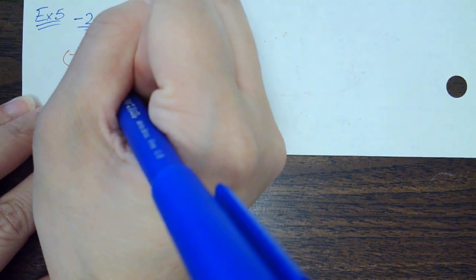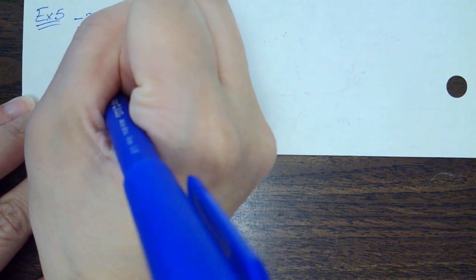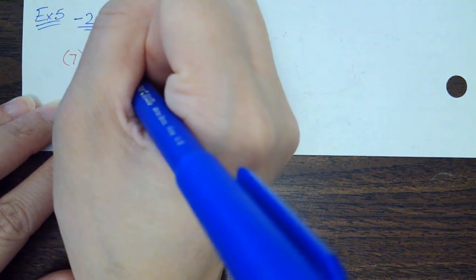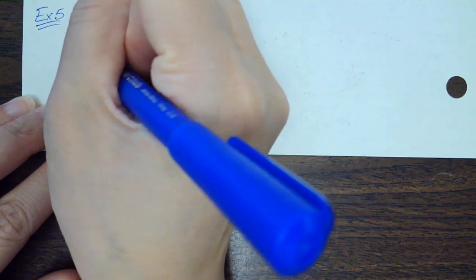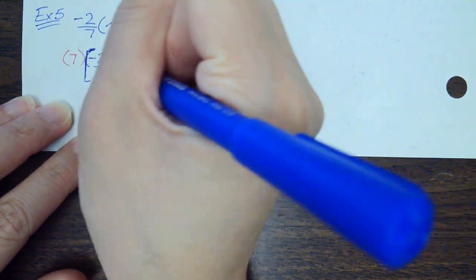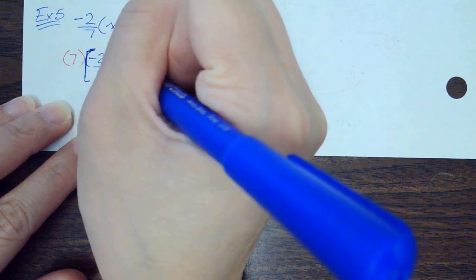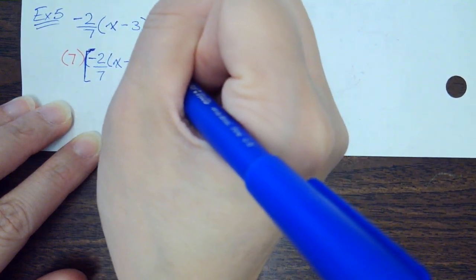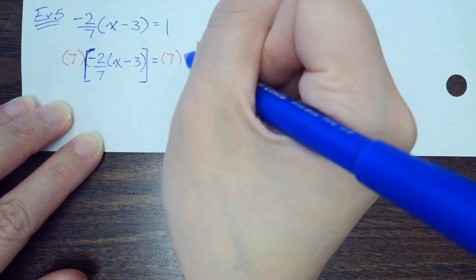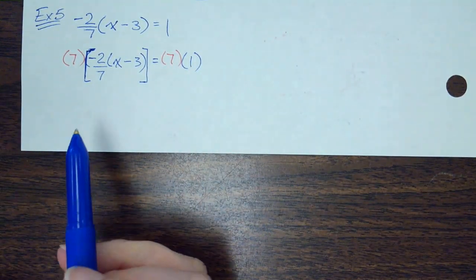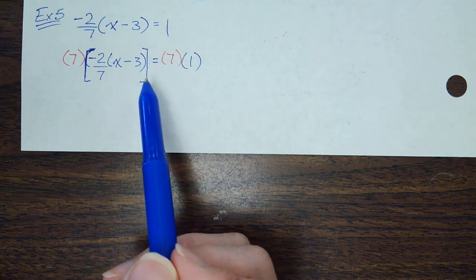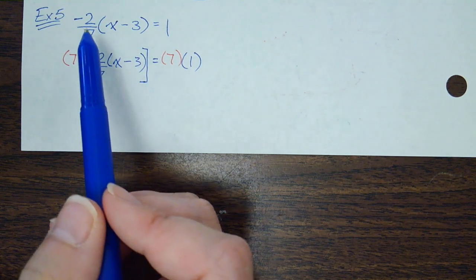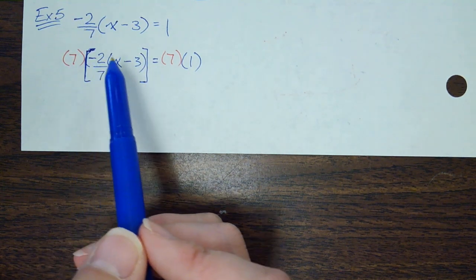Negative 2, 7. Okay, I'll do a square bracket. Equal that. So I put the square bracket because remember you're not doing 7 minus 2.